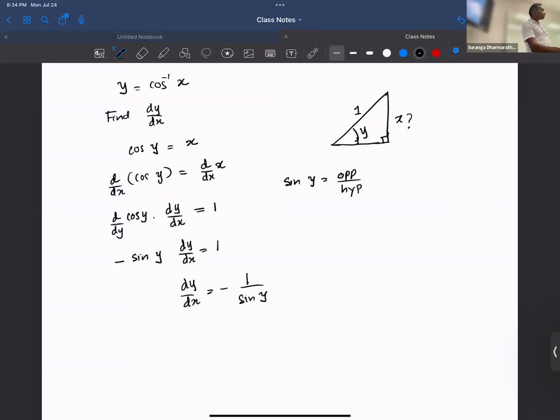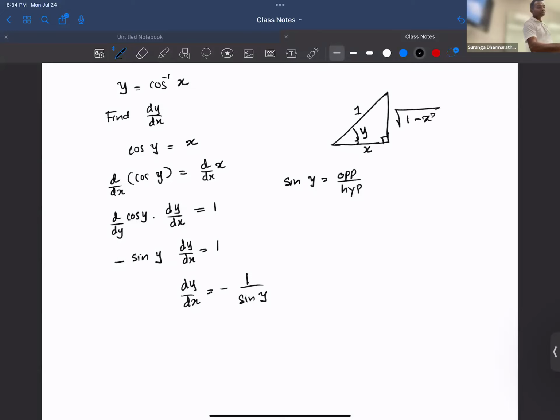What is given? Cosine y is equal to x. So which side has the length x? The adjacent side, yes. This is x. So what about this one then?